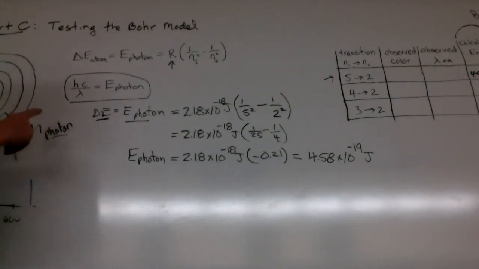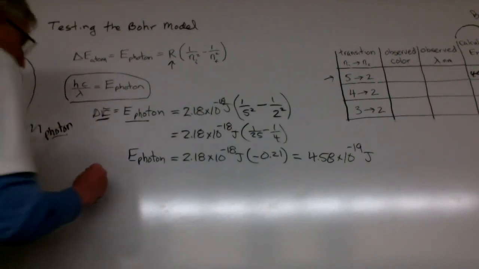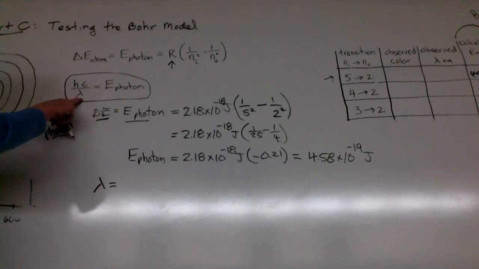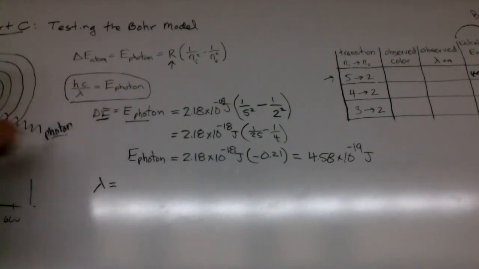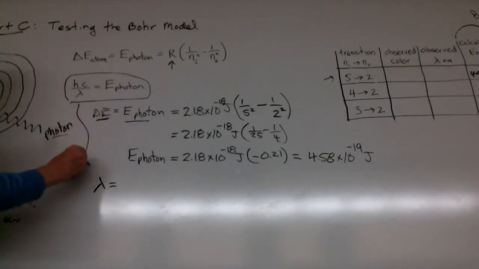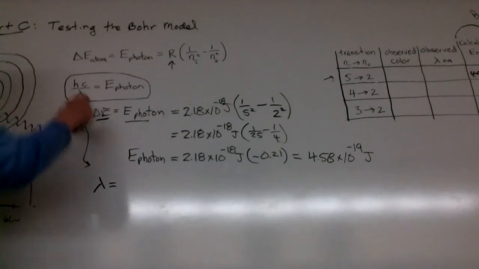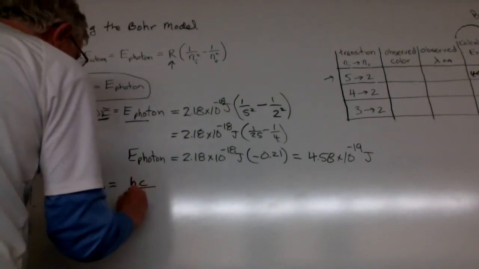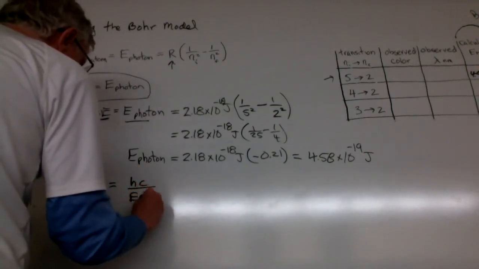This is equation 3, I think, in your protocol. What we want is the photon wavelength. That would be lambda. So we just rearrange this equation, and if we solve for lambda, we're going to have hc over the energy of the photon.